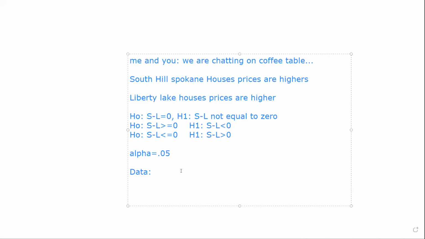How can we get data? We can go on Zillow and take random houses prices in South Hill and Liberty Lake. It doesn't mean the sample sizes should be equal.